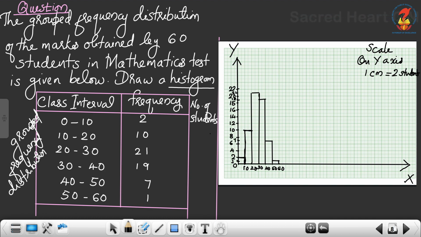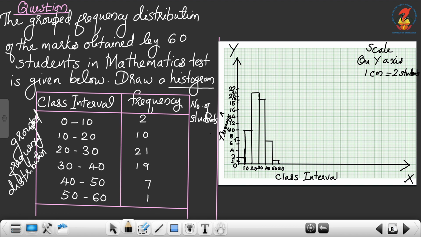So here the class intervals are given, so we can write class interval. And here the frequencies are given, so we can write frequency, or we can write number of students, or here the marks.